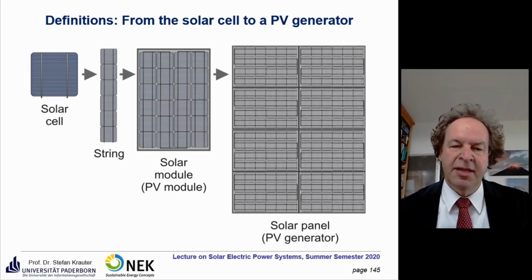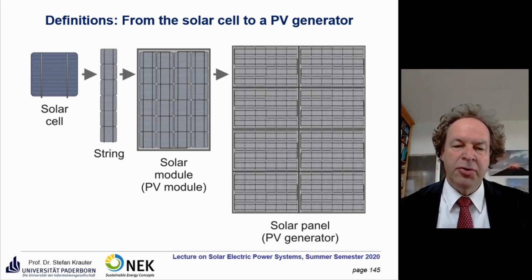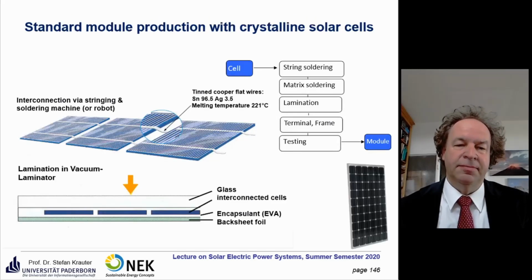Usually you interconnect them in series up to the maximum permitted voltage, which was formerly about 600 volts DC, was increased in the last years to 1000 volts DC, and the newest modules have a maximum permitted voltage of 1500 volts, and there are even some prototypes which permit 2000 volts. If you need even more power, you start to interconnect these generators in parallel. We will see that later when we arrive at that part.